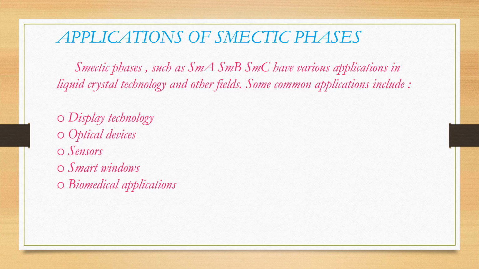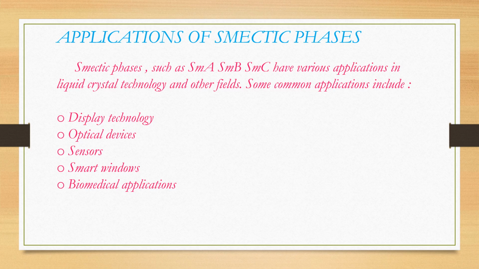And the second one is optical devices. These optical devices are like optical switches, tunable lenses, and variable optical attenuators. The ability of smectic phases to change their molecular orientation and respond to external stimuli allows for the manipulation of light transmission and polarization, making them valuable in optical systems.